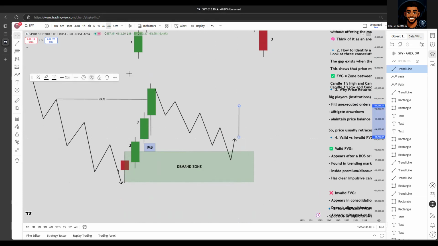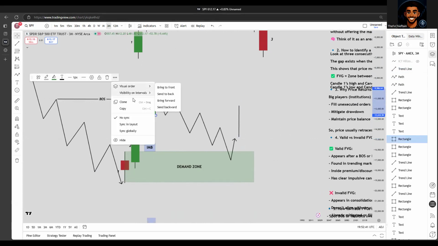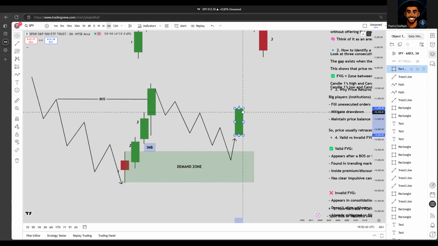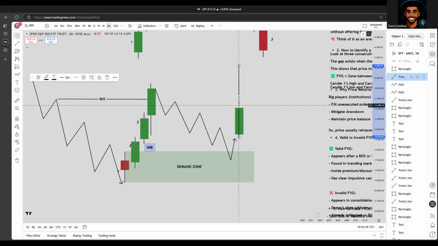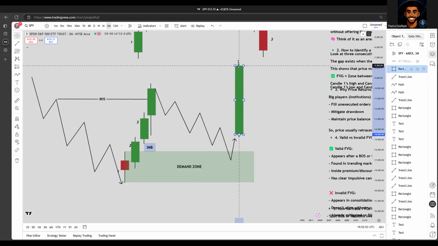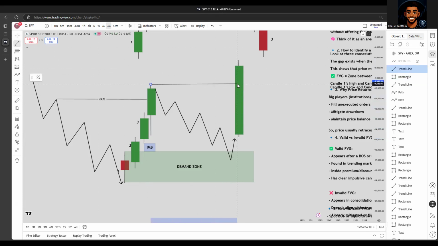You'll see something like this, and like this. You'll see something like this. I'm just going to exaggerate this, and I assume it's the price. Maybe it's the news events that came in. So you're going to see another break of structure, right?